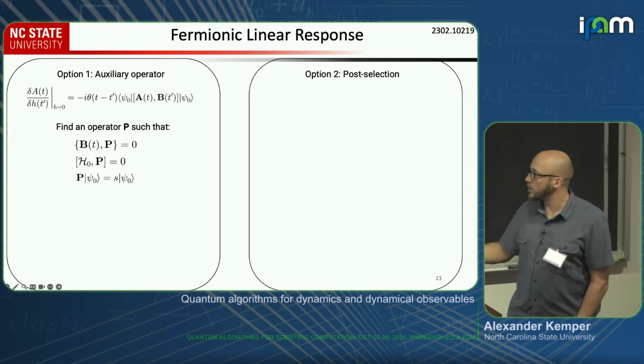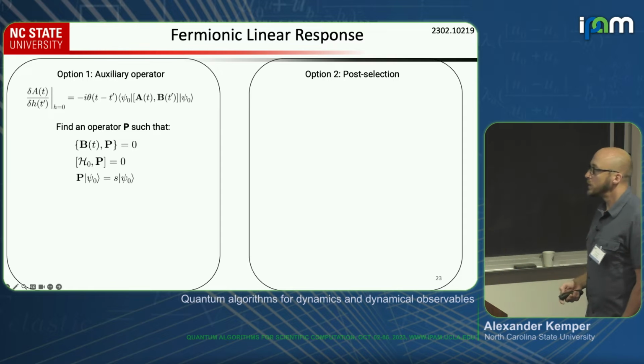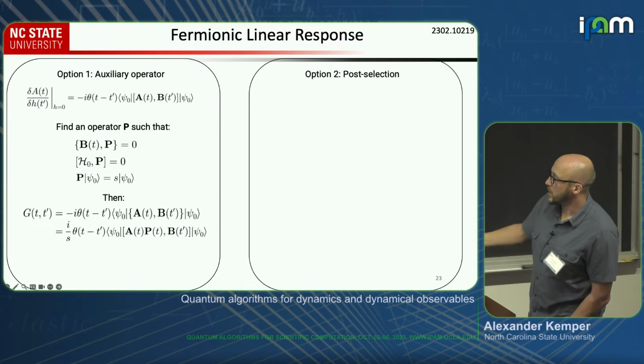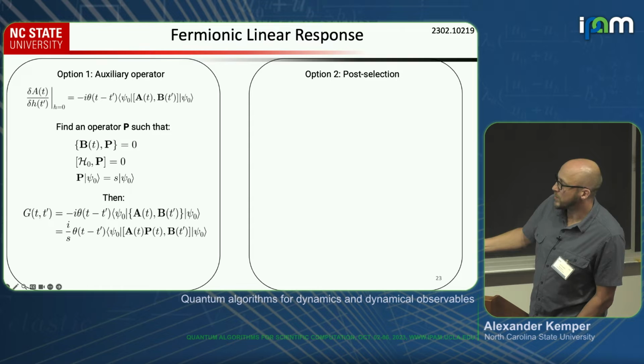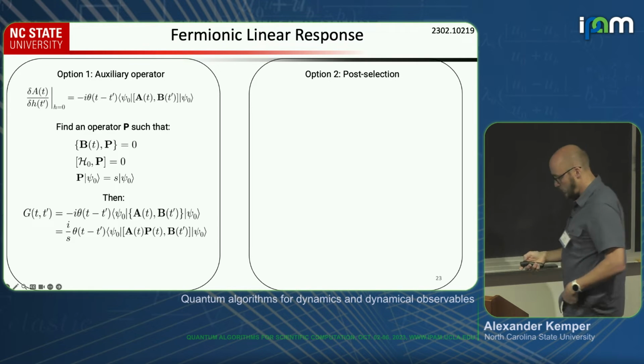It also has to be stable under the Hamiltonian, and the initial state has to be an eigenstate. If that's the case, then you can carry through a couple lines of algebra and show that this thing turns into that. So really, all you have to do is modify what operator you're measuring, and you're golden. That's all you have to do.